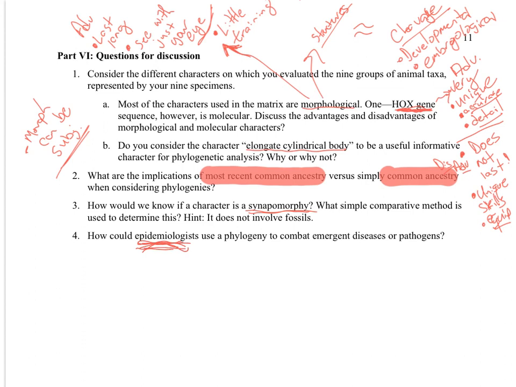Now, how would the epidemiologist use a phylogeny? Well, you can create a phylogeny, first of all, for a group of humans, right? We can look at a phylogeny that looks at genes. Especially if we look at the molecular data, we have to look at molecular data because fossil evidence won't be any good to us for humans, because we're all humans, and so we all share the vast majority of our characters.